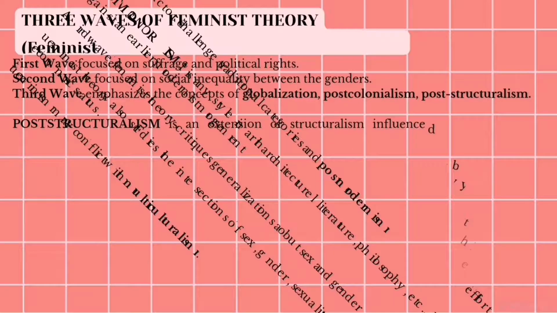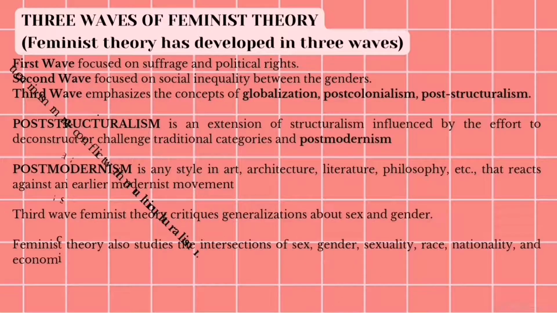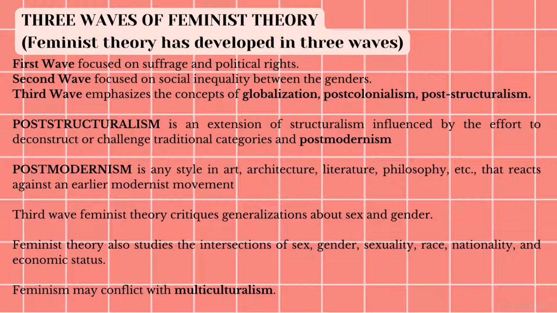Feminist theory has developed in three waves. First wave focused on suffrage and political rights. Second wave focused on social inequality between the genders. Third wave emphasizes the concepts of globalization, postcolonialism, and post-structuralism. Post-structuralism is an extension of structuralism influenced by the effort to deconstruct or challenge traditional categories.